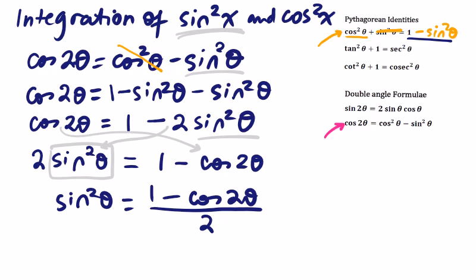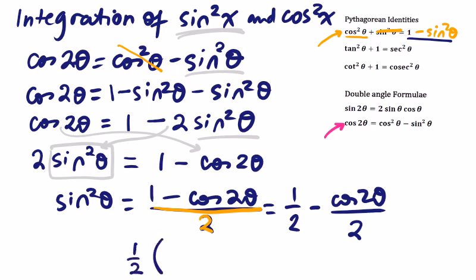So this big fraction could be broken down into 2 separate fractions, like half take away cosine 2 theta over 2, or we could actually pull that half for the whole expression to the front, use brackets, and keep the 1 minus cosine 2 theta in brackets. So this will facilitate the integration of the expression of cosine 2 theta in this case.